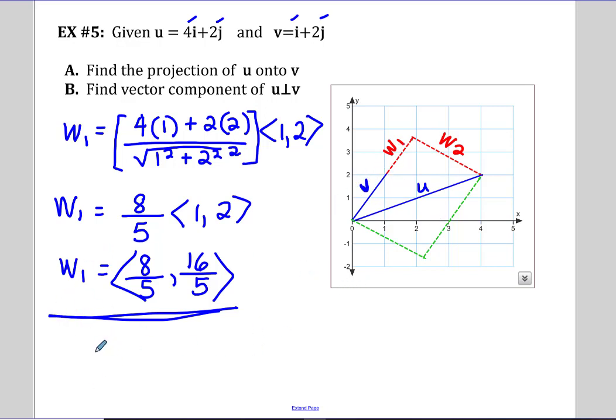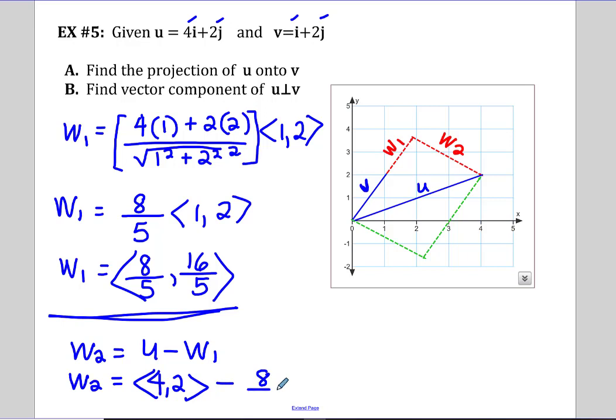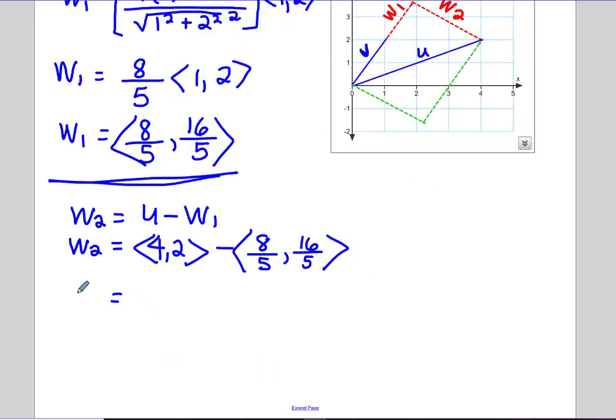Now to get W sub 2, you have to take vector u and subtract the component that we found. So W sub 2 is vector u, which is 4, 2, and we want to subtract 8/5, 16/5. So a little 5th grade math here. You good at 5th grade math?